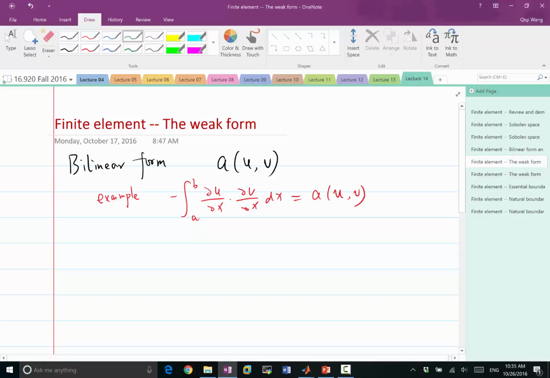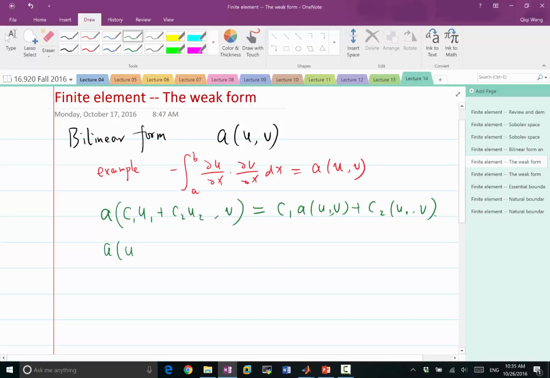First of all, A of C1 times U1 plus C2 times U2, V has to be equal to C1 times A of U1, V plus C2 times A of U2, V. So this is simply linearity in the first argument.